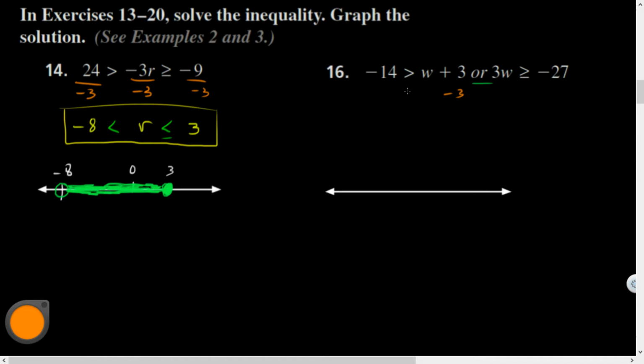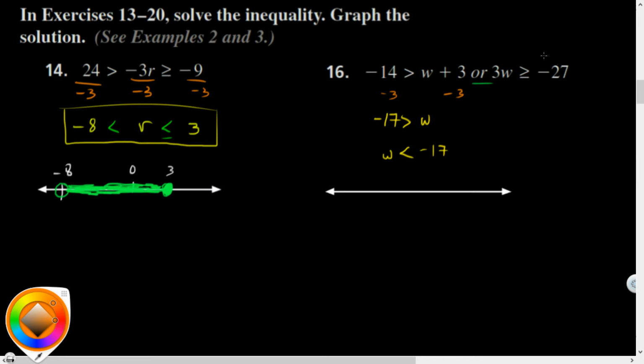Yeah, subtract 3, both sides. -17, that became more negative, notice, is greater than W. But we want to write this with our variable over here, so I'm going to call this W is less than -17 and flip it.